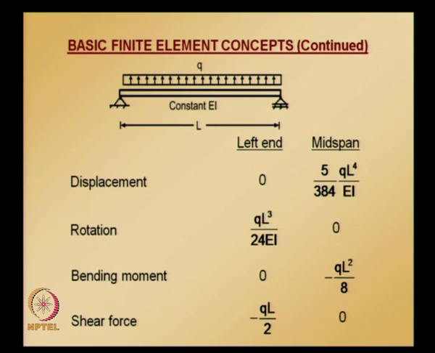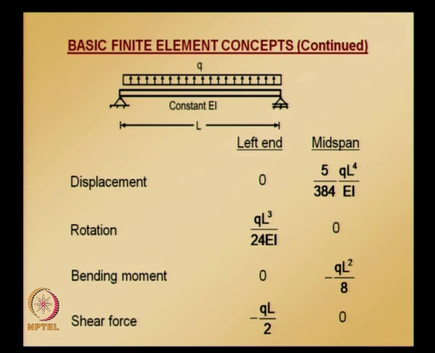The rotation at the left end is QL^3 over 24EI, and at mid span it is 0. The bending moment at the left end is 0, and at mid span it is minus QL^2 over 8. The shear force is minus QL over 2 at the left end and 0 at mid span. So, we know the exact solution for this problem.